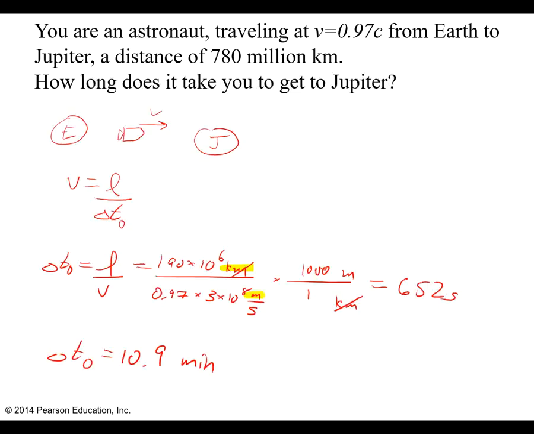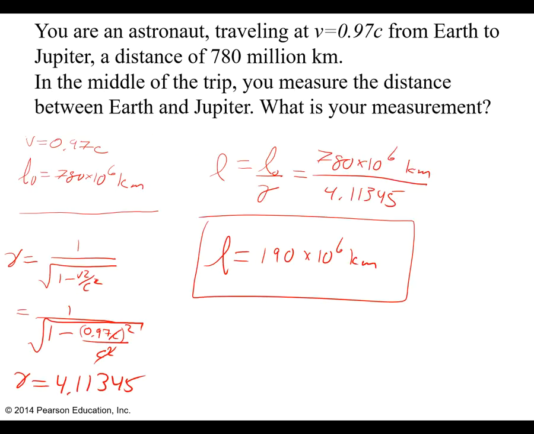Bottom line, even though from mission control you measure a distance of 780 million kilometers, because you are traveling at 97% the speed of light, that length has contracted relativistically, so it appears as if it is only 190 million kilometers.